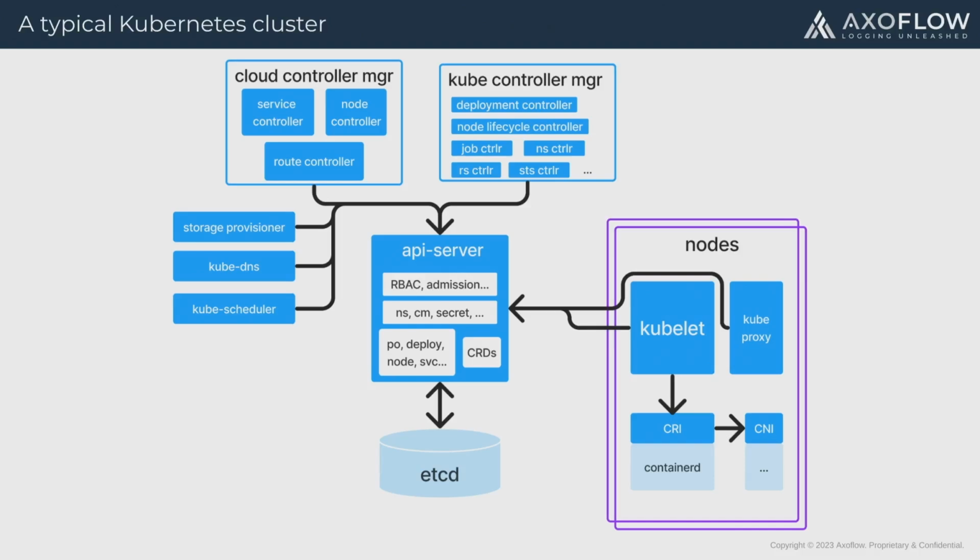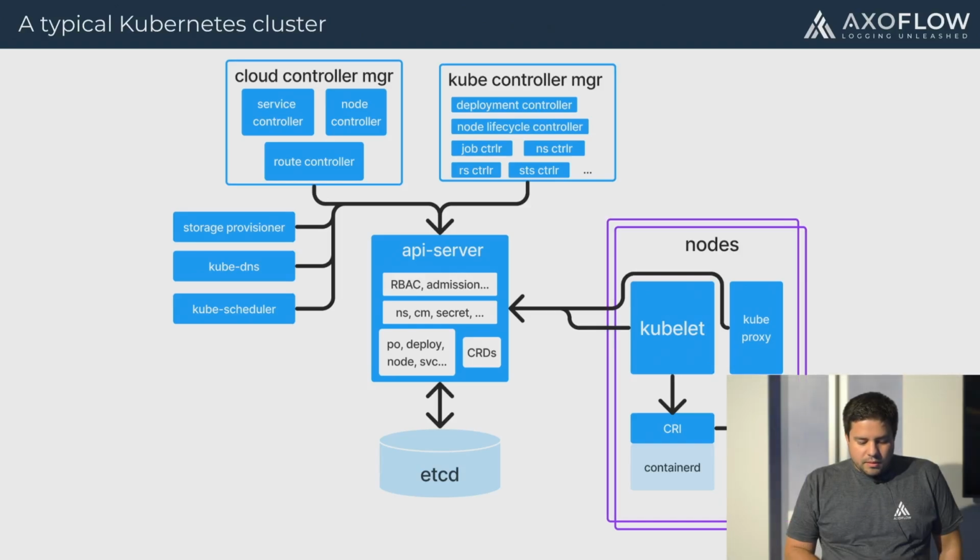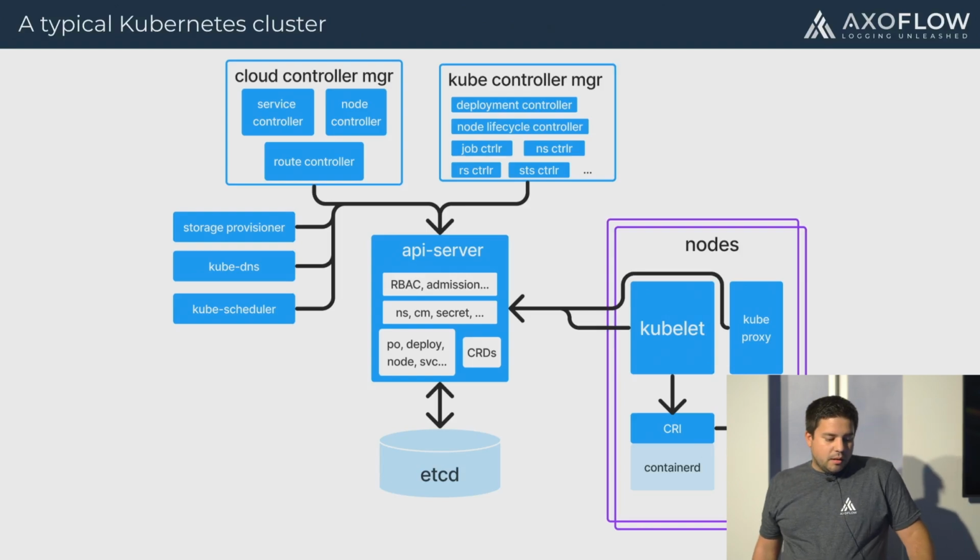So typically, a Kubernetes cluster consists of an API server and an etcd. They talk directly with each other. The API server is the only component that talks directly with the etcd.